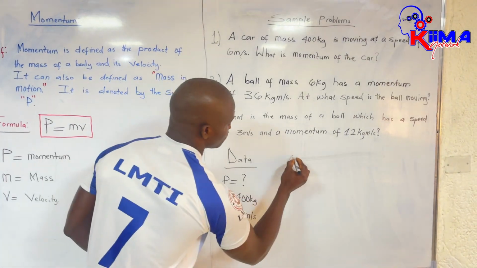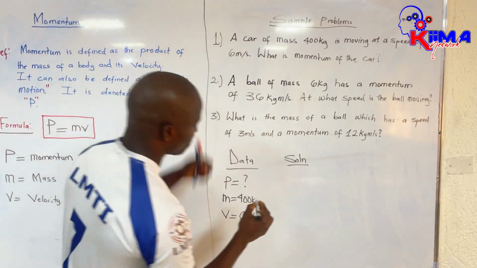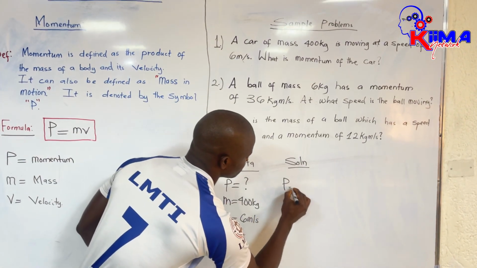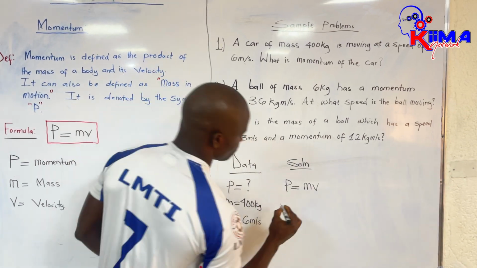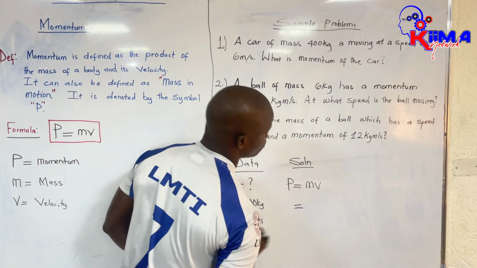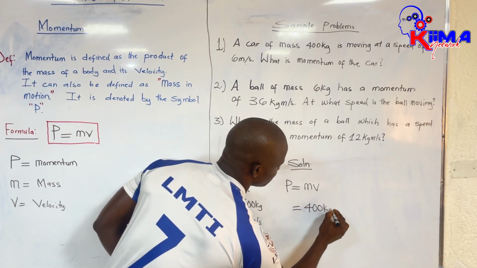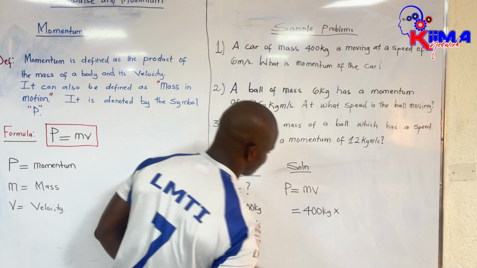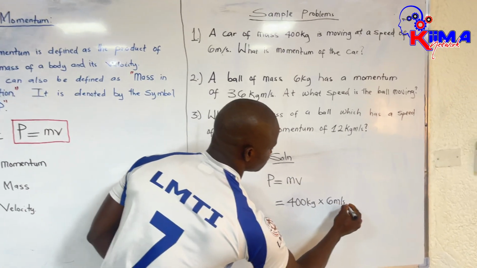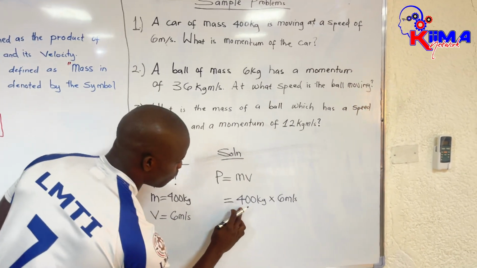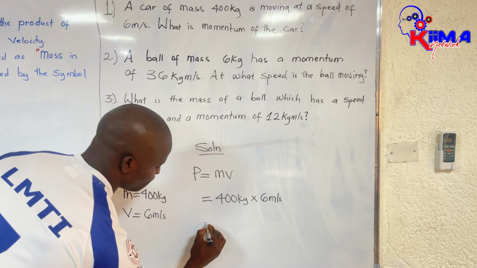So the solution. From the formula P equals M times V, P now equals the mass, 400 kg, multiplied by the velocity, 6 meters per second. So 400 times 6 equals 2,400.